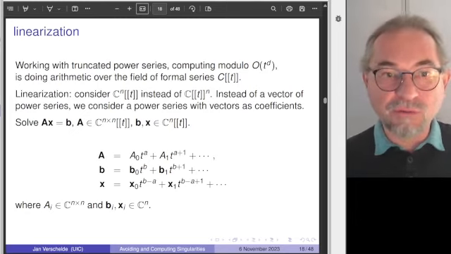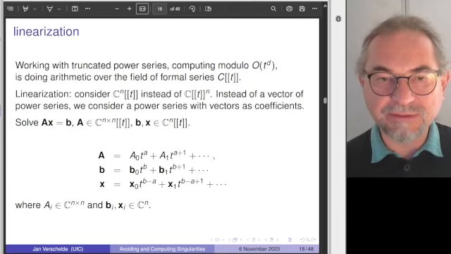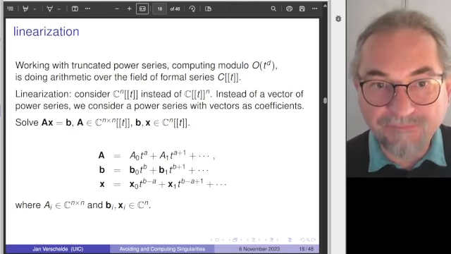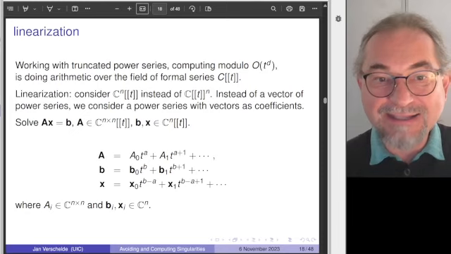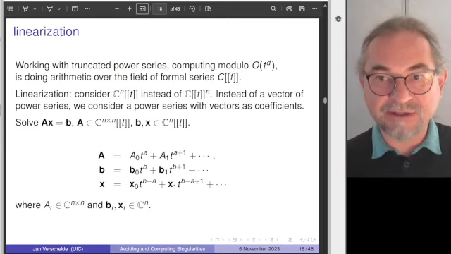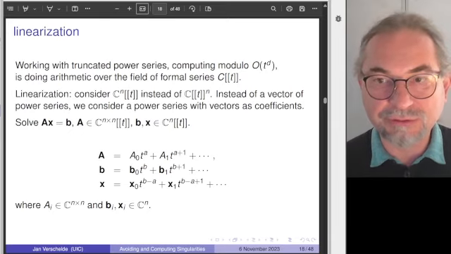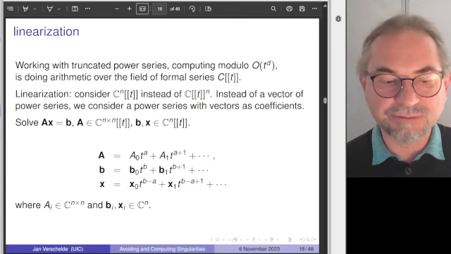So if we are solving a linear system that comes from the Jacobian matrix in the update of Newton's method, then we have a first series which has matrices as coefficients, a second series which has the right hand side, and that series has vectors as coefficients, and then we compute a solution. That's also a series that has vectors as coefficients.